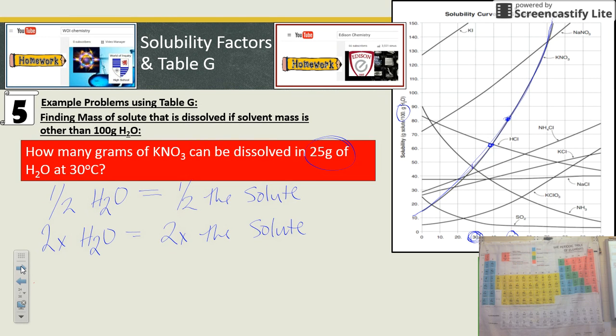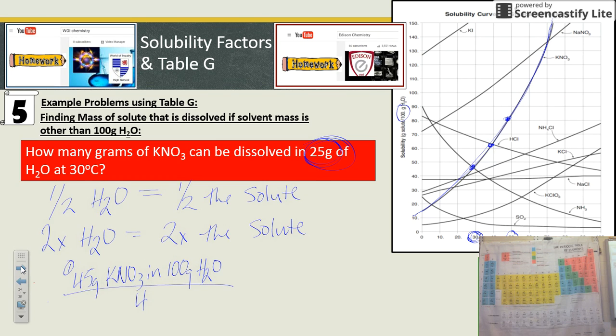Its solubility, we'll say it's 45 grams. So we got 45 grams KNO3 in 100 grams of water. Well, the relationship between 25 and 100 is 1/4. So 25 goes into 100 4 times. So you have to divide this whole section by 4.